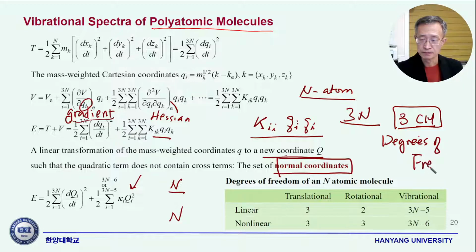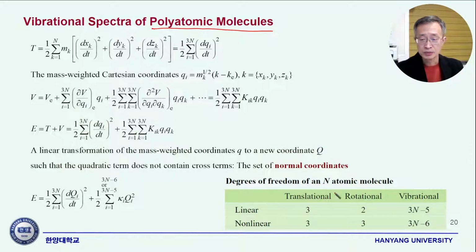So if there are n atoms in a molecule, then 3n coordinates are there, and 3 are translational.